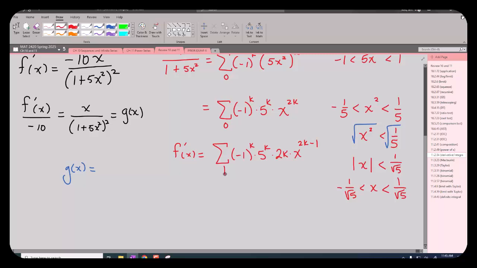That's legitimate. So there is our power series for f prime. So the power series for g is going to be that power series multiplied by 1 over negative 10. So the power series for g is negative 1/10 this.